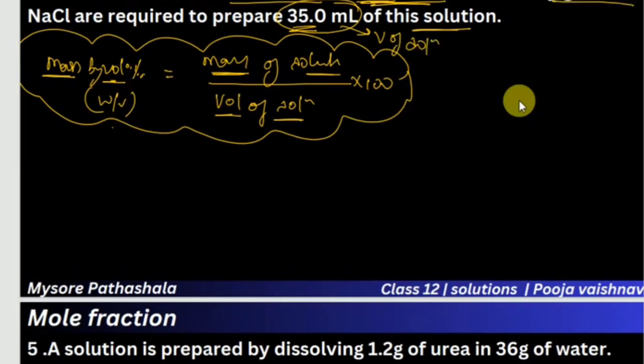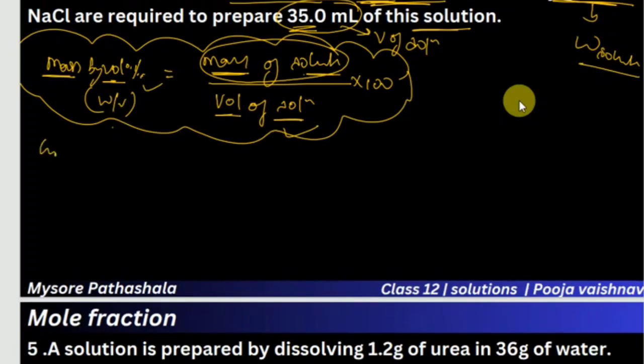And they have asked how many grams, meaning weight, we need to find out. The weight of NaCl, that is the mass of solute, we have to find out. This is given, and we can easily solve it.